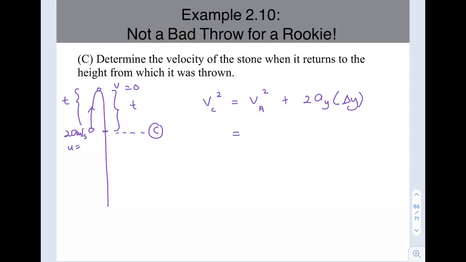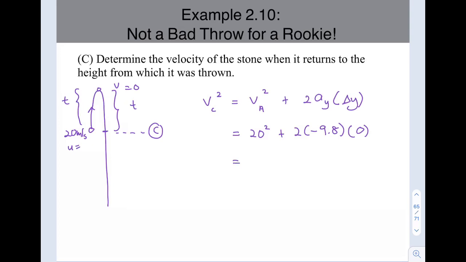Right, so 20 squared plus 2 times negative 9.8 times delta Y, which is going to be 0. Starting from this position, ending also at the same position, so Y initial and Y final are the same thing. So delta Y equals 0.